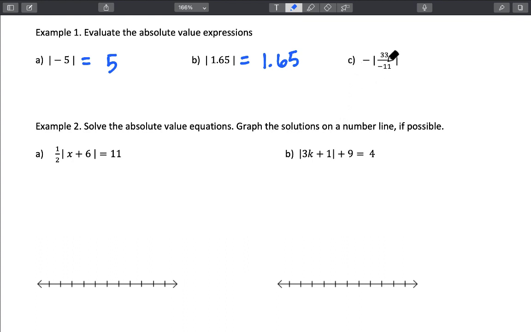Here in letter C, we're going to evaluate what's inside our absolute value bars. This is the opposite of the absolute value of -3, because 33 divided by -11 is -3. So when this negative appears on the outside, what we're doing is really taking the opposite of the absolute value of -3. The absolute value of -3 is +3, but the opposite of that is -3.